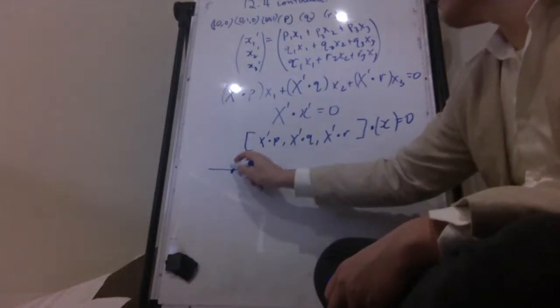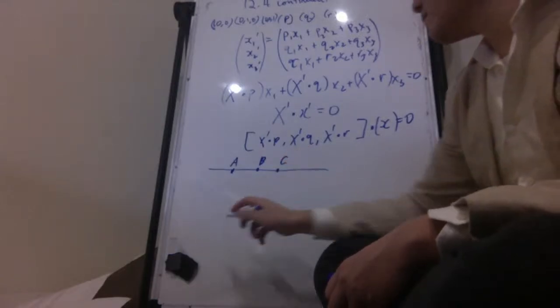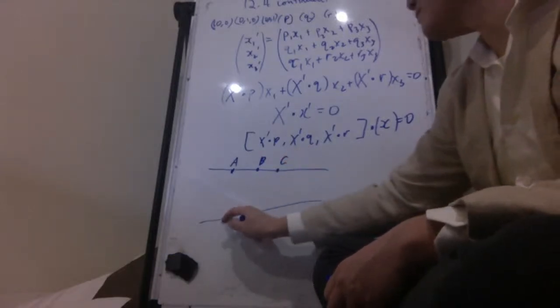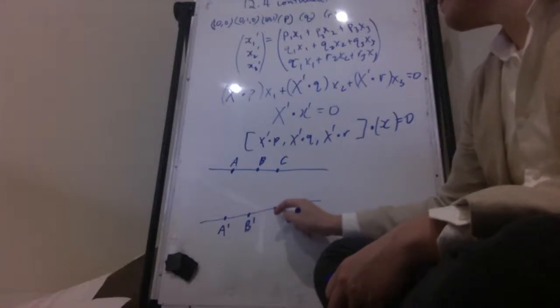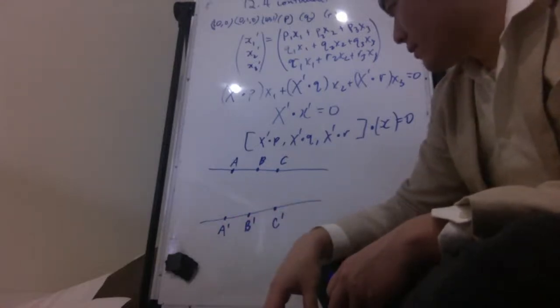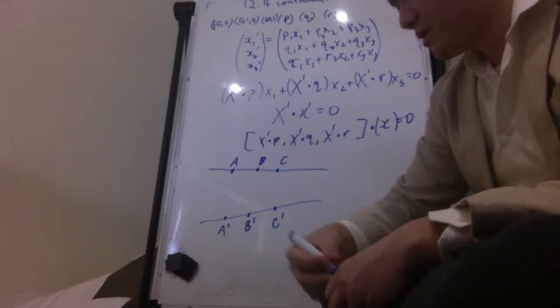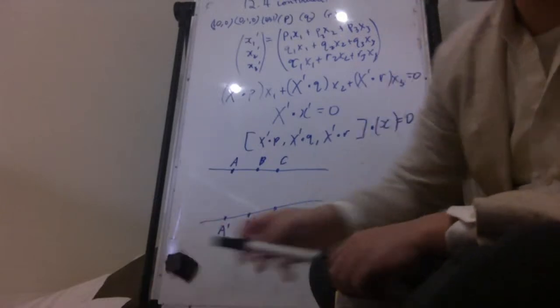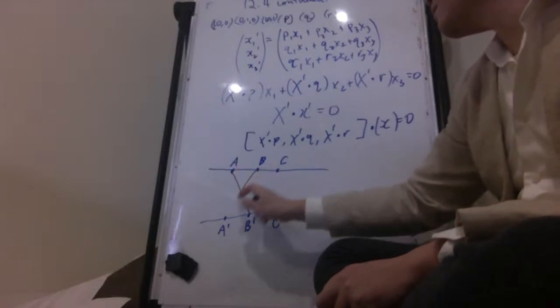Okay, so if you have A, B, C, then you have A prime, B prime, C prime, and you want some projectivities. So what you do is, let's intersect these.